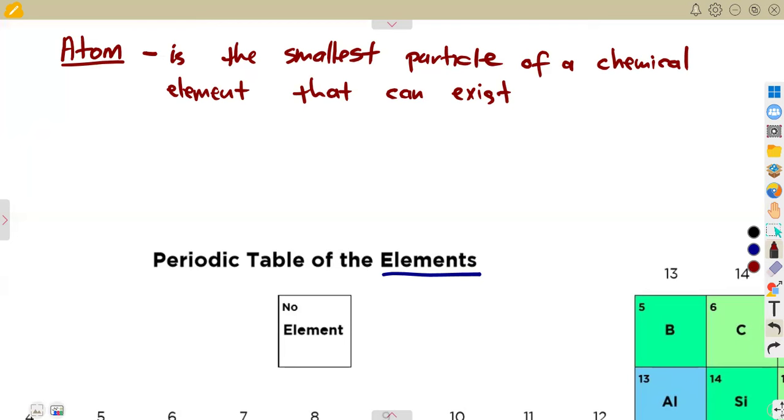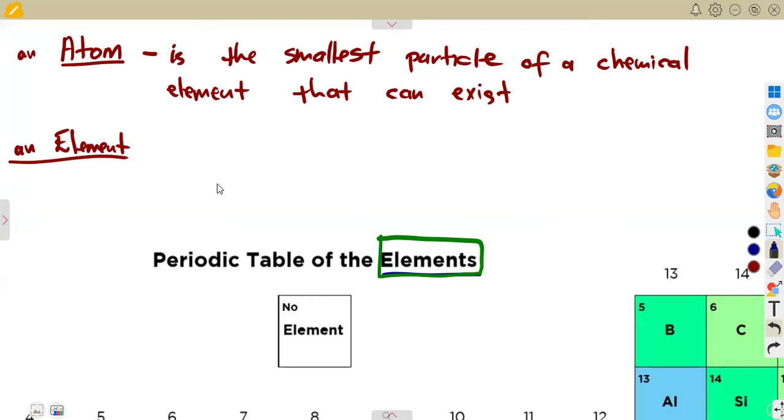Then another thing, now we'll be able to talk about these elements. An element, what is it? As you take the atom, they are combined.